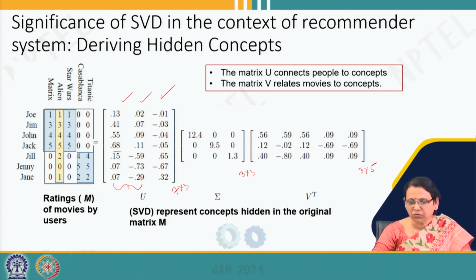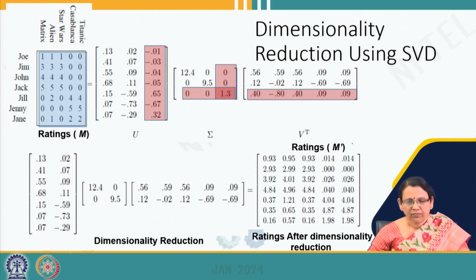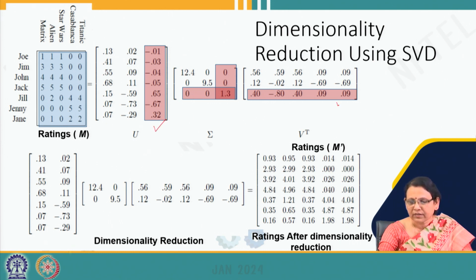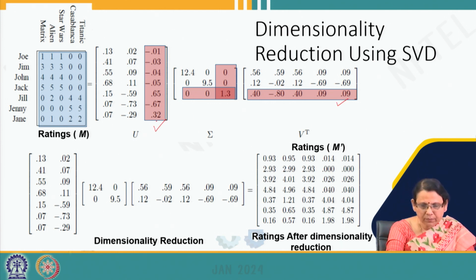Similarly, the movies also we can reduce in dimension by considering the first few vectors. So, this is what I was telling you. We can now think of reducing the dimensions by dropping this one and dropping this one. So, if we drop this and try multiplying, then what do we get?